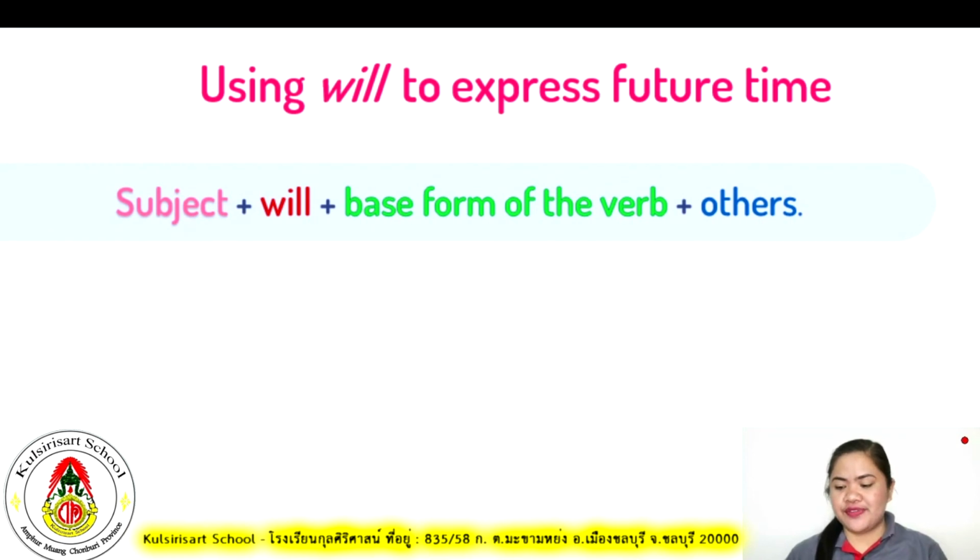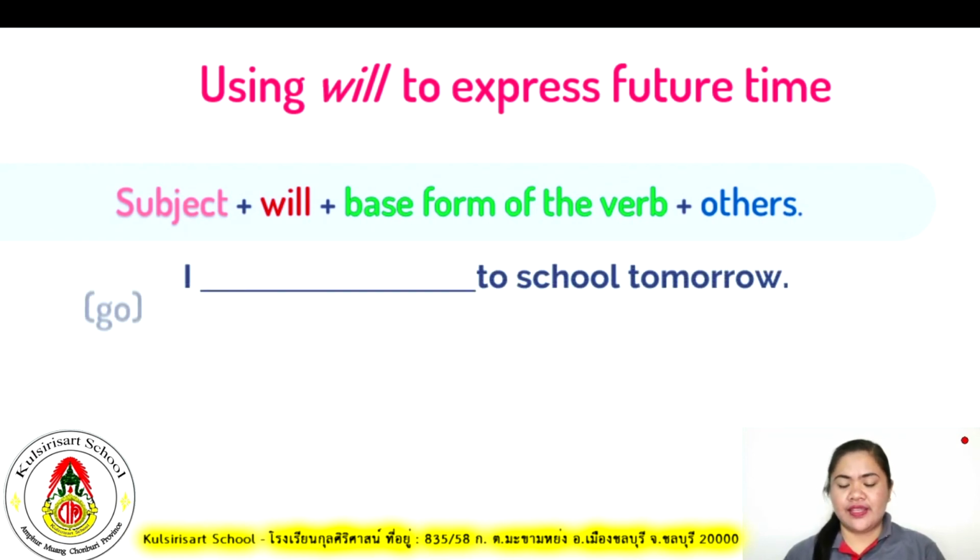So, we have here the example. I blank to school tomorrow. And our verb to be used is the verb go. Since we have here the time word, tomorrow, it means the action will happen by tomorrow. Now, we are going to use this pattern. Subject plus will plus base form of the verb plus the continuation. What is the subject?